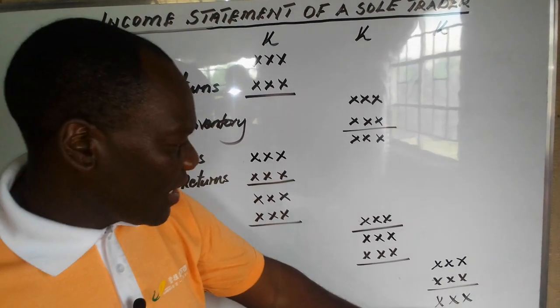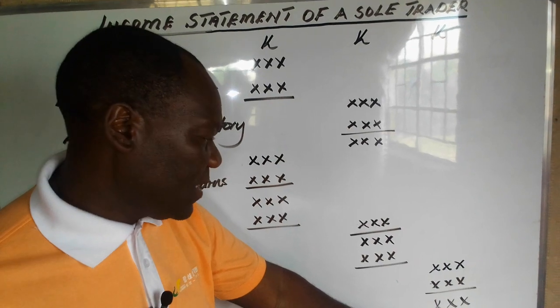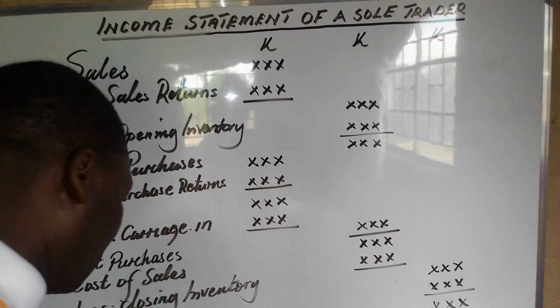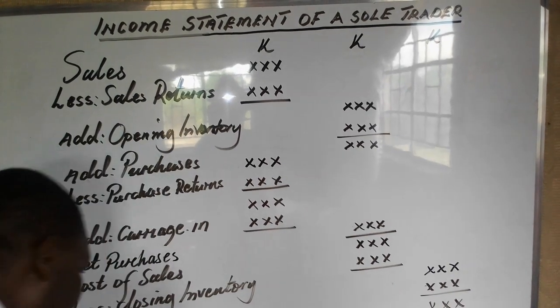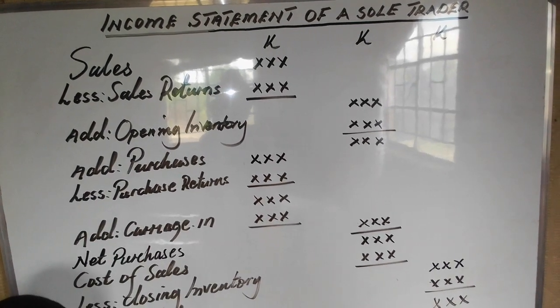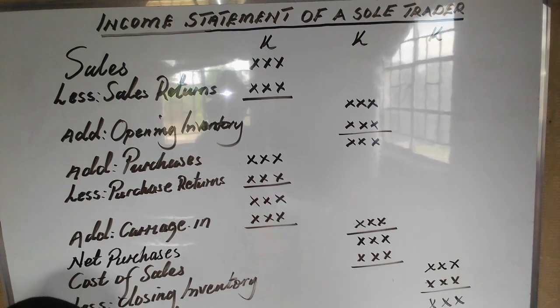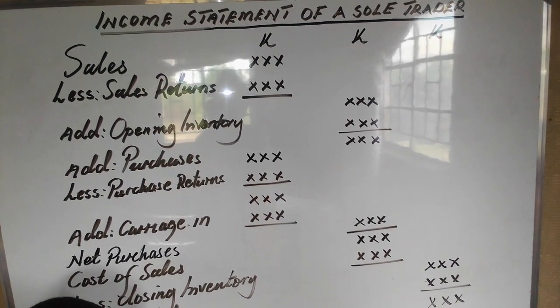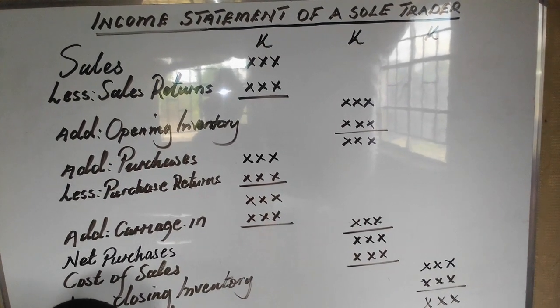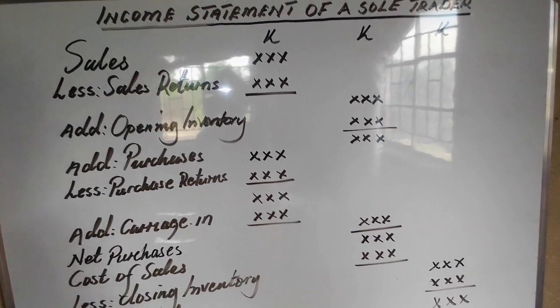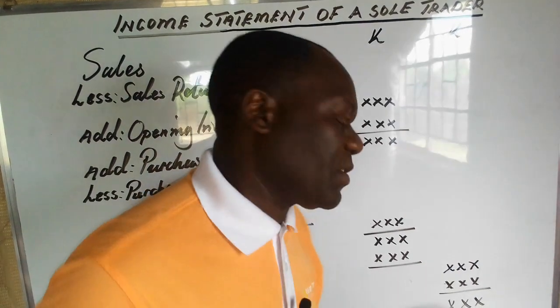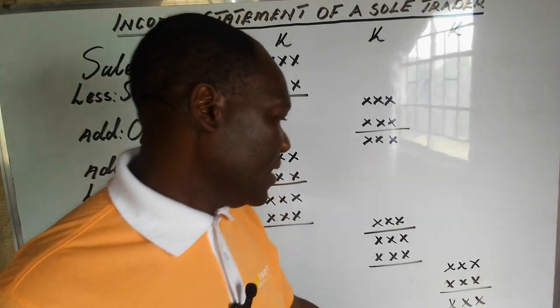So when you reach this level, adjusted gross profit, you now look at the expenses. Okay, you say less expenses. So all the expenses will be subtracted from the gross profit.